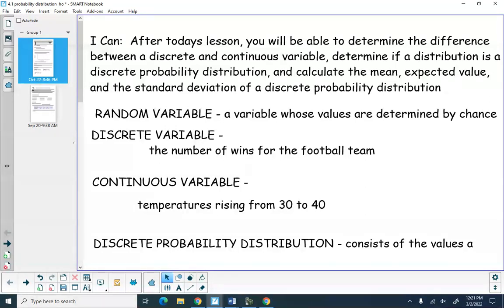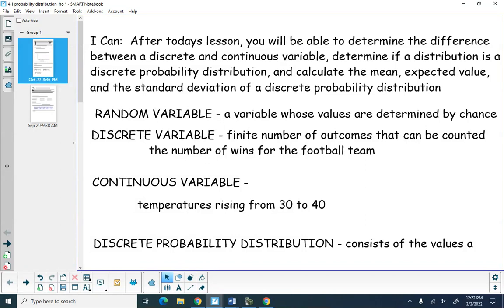We have discrete variables, which are a finite number of outcomes that can be counted. When we talk about the idea of discrete, those are exact numbers.